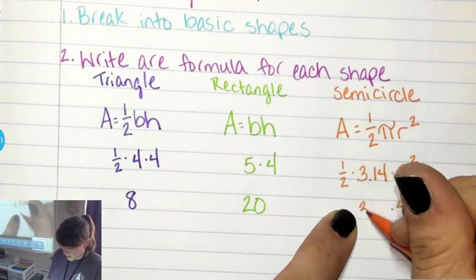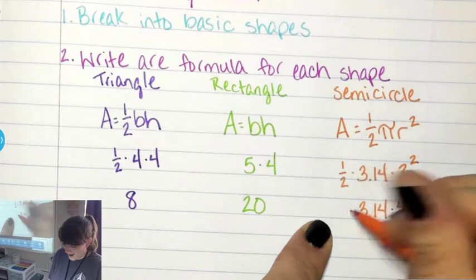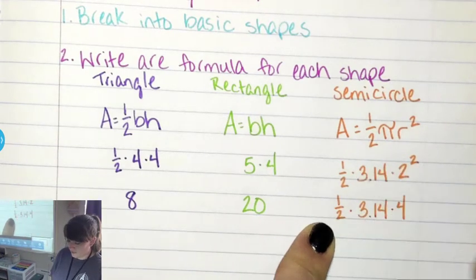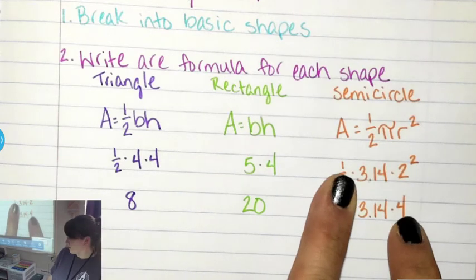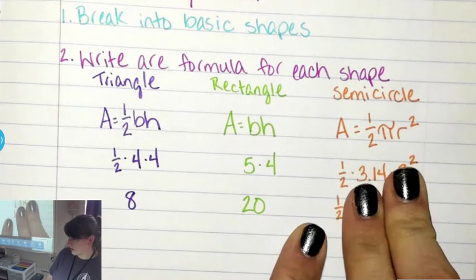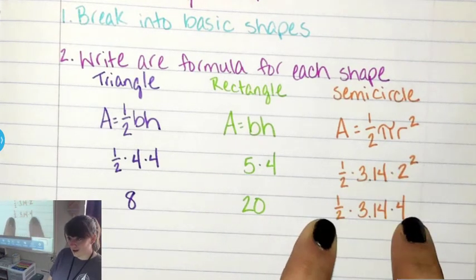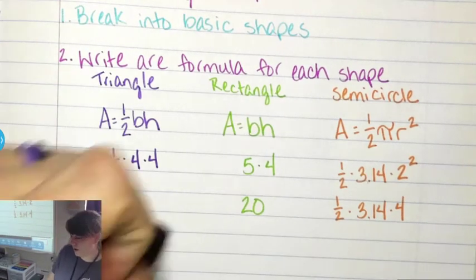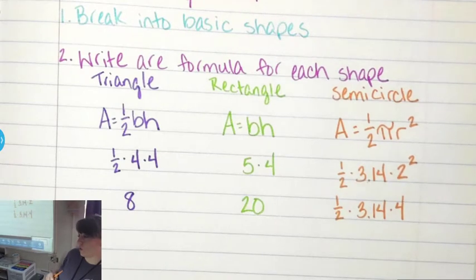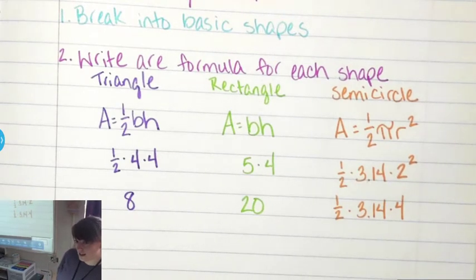And then I can do this in a lot of different steps. I could do this times this, and then half it. Or I could half the 4 and multiply it by 3.14. So, which do you think is easiest?